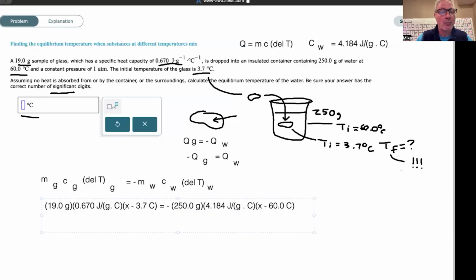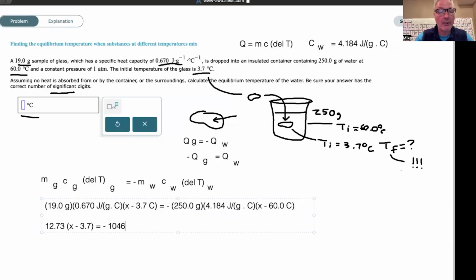As a matter of fact, let's do 19.0 times 0.670 is 12.73. I'm not putting the units in there. 12.73 times X minus 3.7 equals 250 times 4.184 is 1,046.